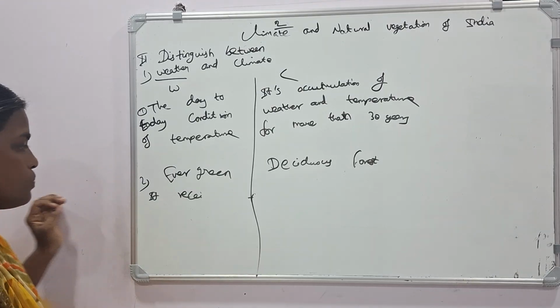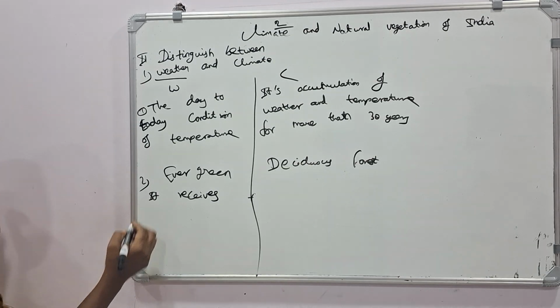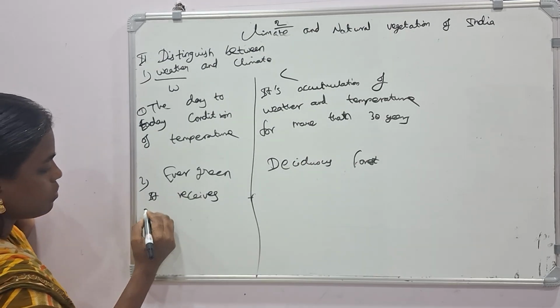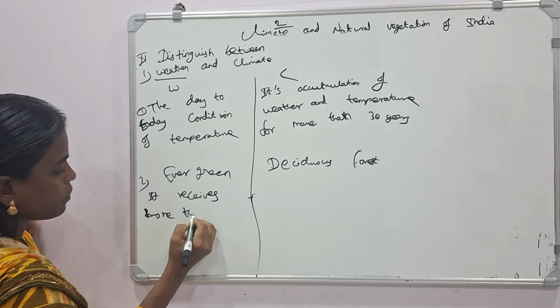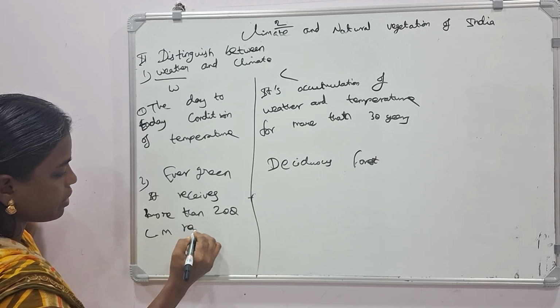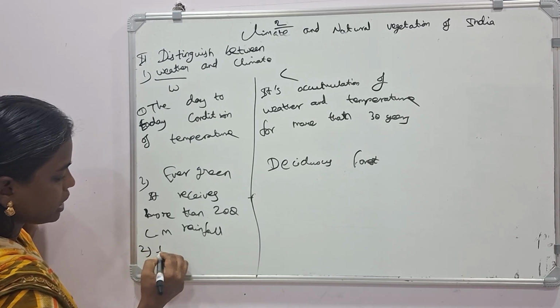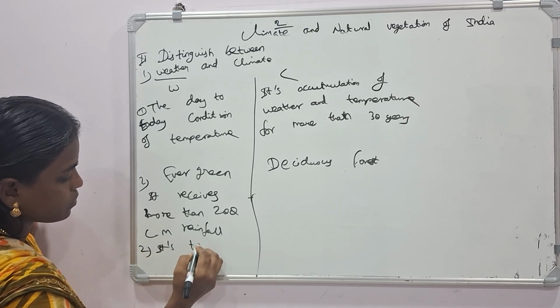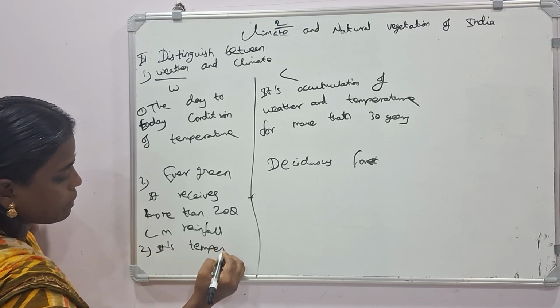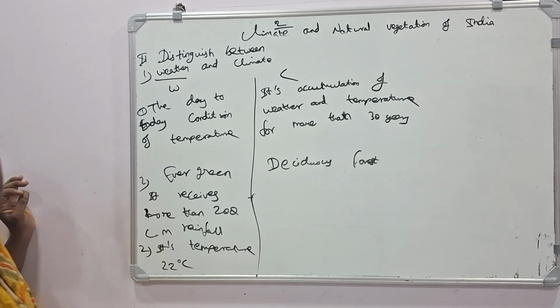Only 2 points. Evergreen forest receives more than 200 centimeter rainfall. Second point, its temperature is 22 degrees Celsius.